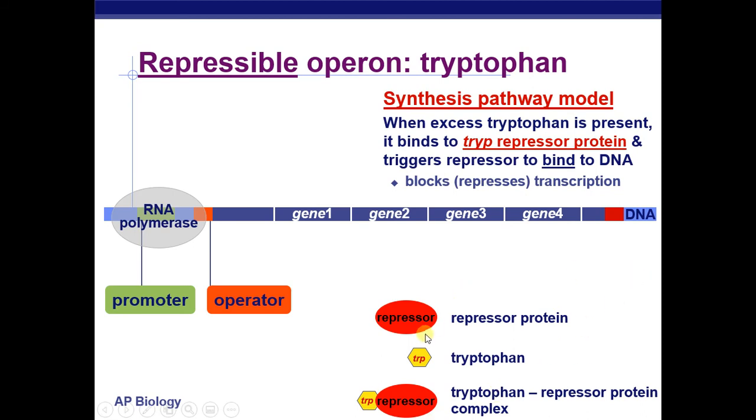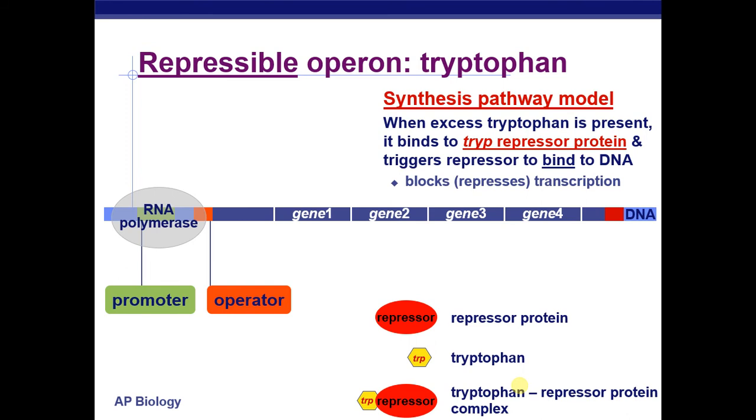So here's the repressor protein. Here's the tryptophan. And when the tryptophan binds to the repressor protein, it activates it to make a tryptophan repressor protein complex.